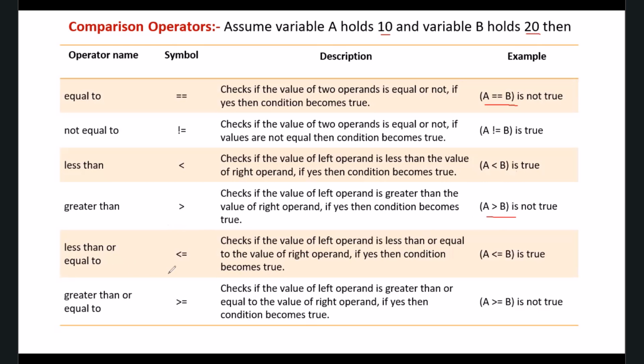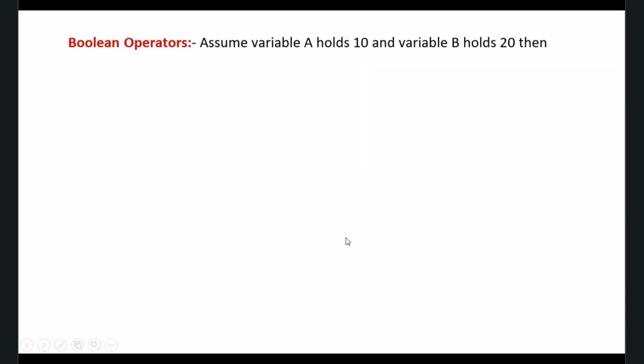Less than or equal to, A is less than or equal to B is true because 10 is smaller than 20. Greater than or equal to, A is greater than or equal to B is not true because 20 is greater than 10.